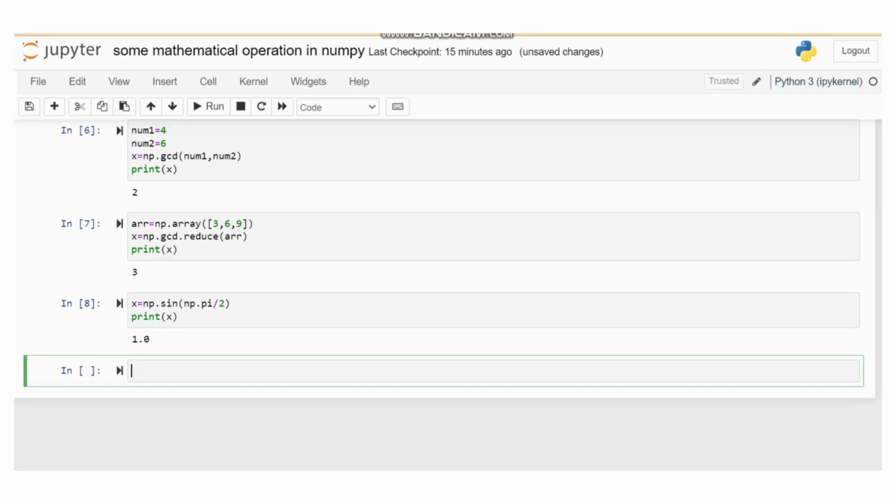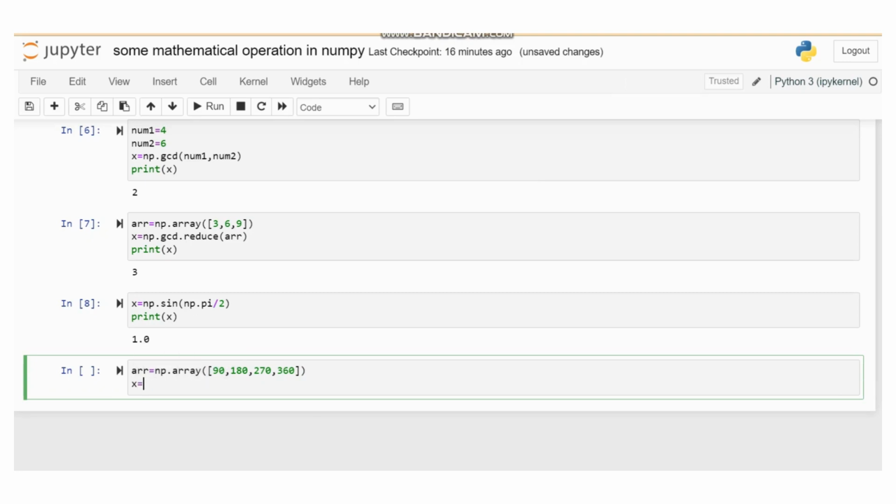How to convert degrees to radians? In this example, we discuss how to convert degrees to radians. First create an array with np.array, with elements 90, 180, 270 and 360 degrees.